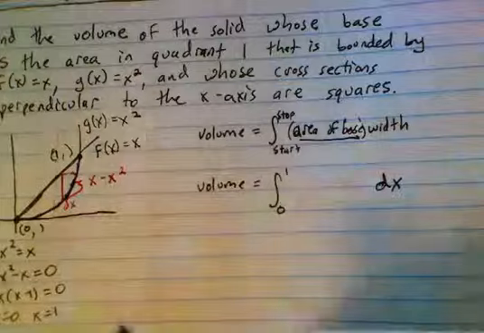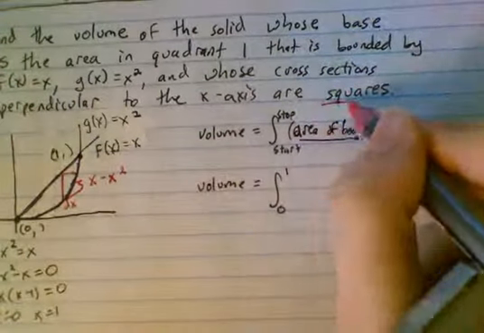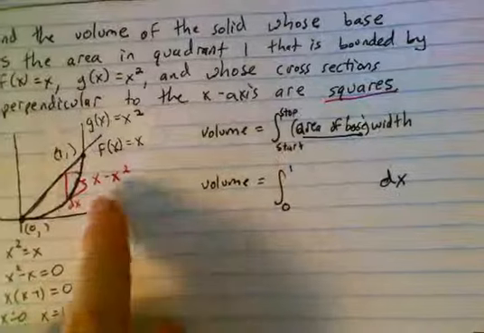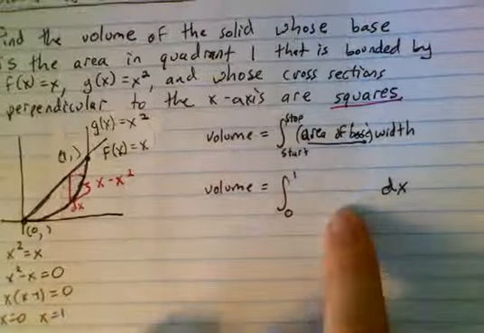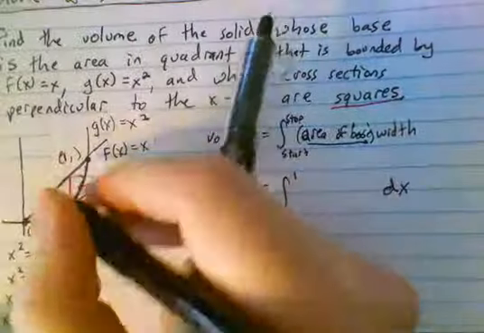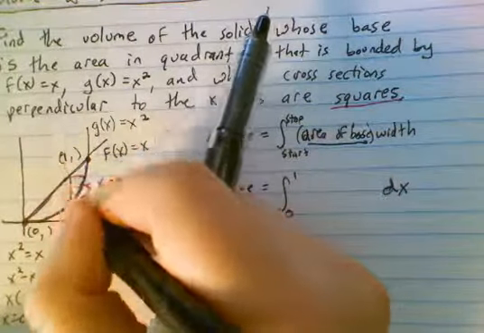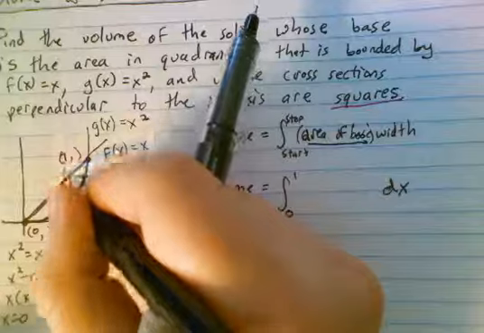I'm going to mark that right here. But now, because these cross-sections perpendicular to the x-axis are squares, instead of just putting this x minus x squared in right here, I'm going to say that this is the base of a square that's coming out of the page, kind of like that.